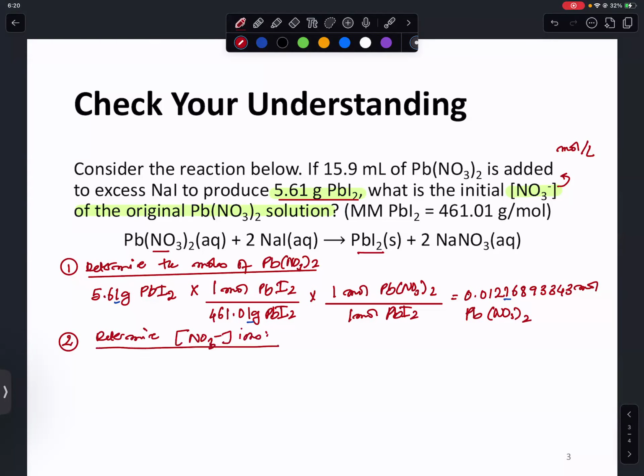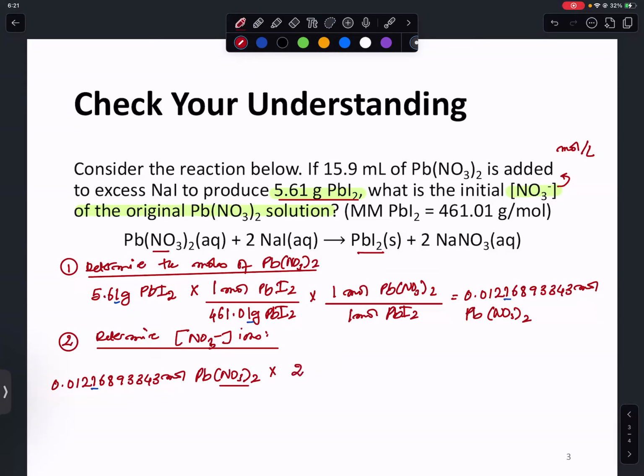Okay, so to determine the molarity of the nitrate ions, I'm going to take this number right here and start with it, the lead 2 nitrate. Now I want to switch to the moles of the nitrate anion in 1 mole of lead 2 nitrate.